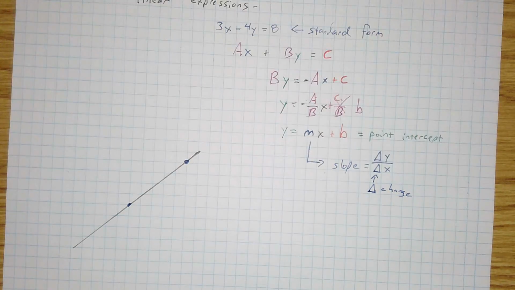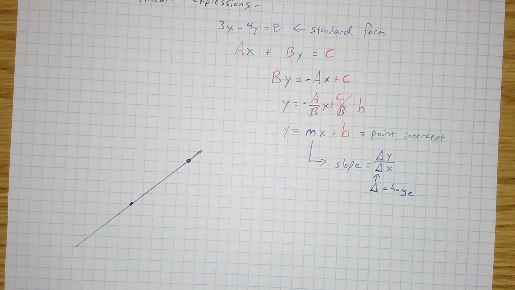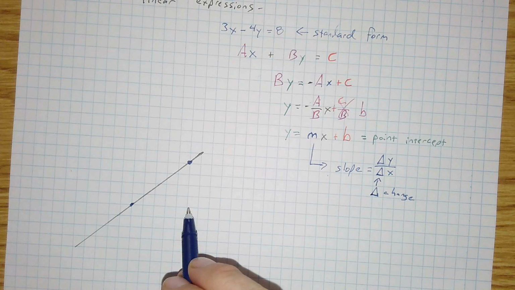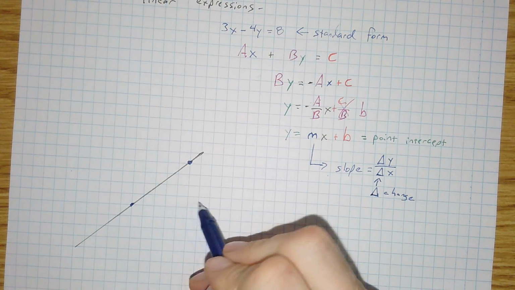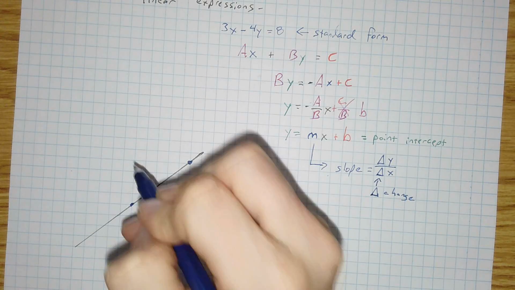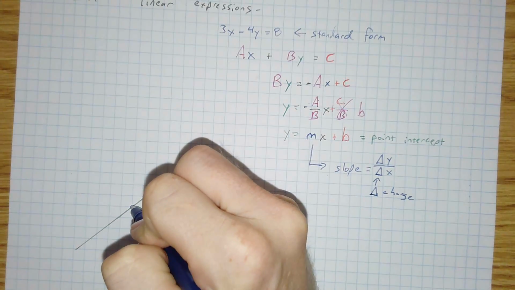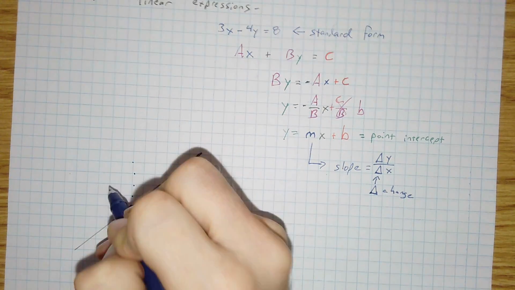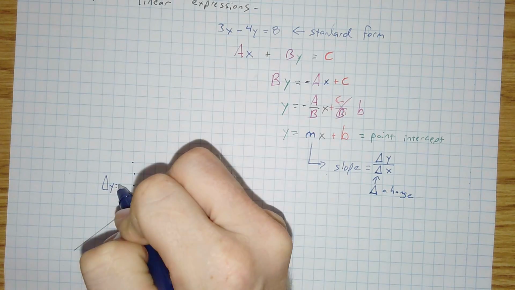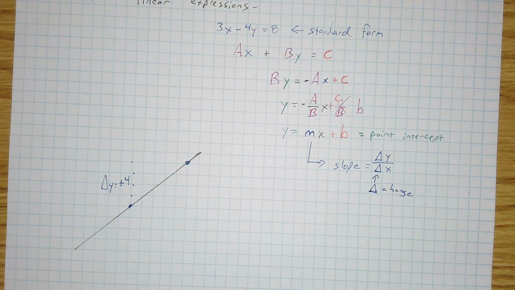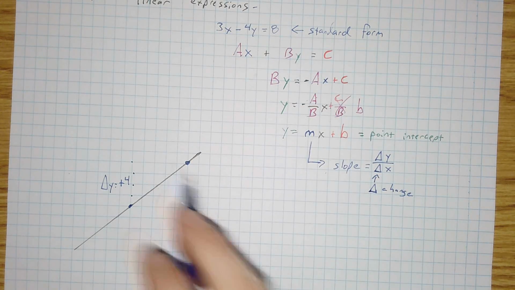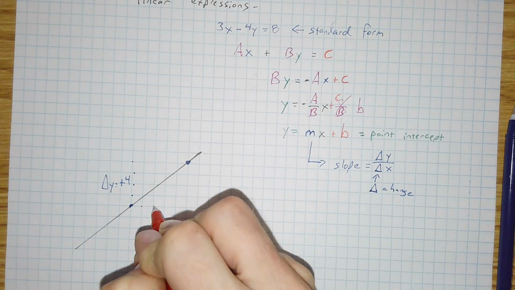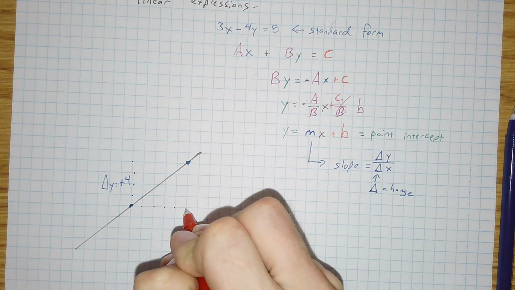But mathematically, how can I tell? Let me look here. I'm going to figure out what my change in y is from this point to this point. From this point to this point, my change in y goes 1, 2, 3, 4. My change in y is plus 4. And then my change in x is 1, 2, 3, 4, 5.